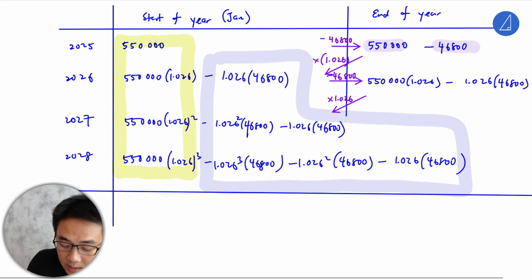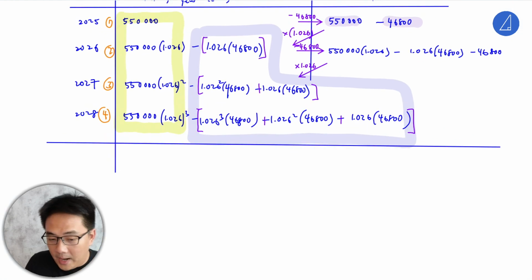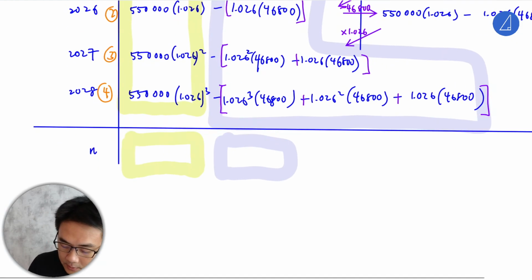So you just create a running number, like 1, 2, 3, and 4. We know that there are two parts, so I'm going to factorize the negative 1 out first, because it's easier to see that way. So for the front part, this is the start of the nth year.